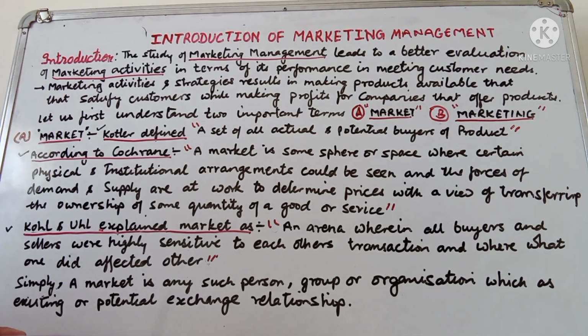Marketing activities and strategies result in making products available that satisfy customers while making profits for the companies that offer the products. So we'll be discussing these marketing activities, and only if we understand the activities can we make strategies.